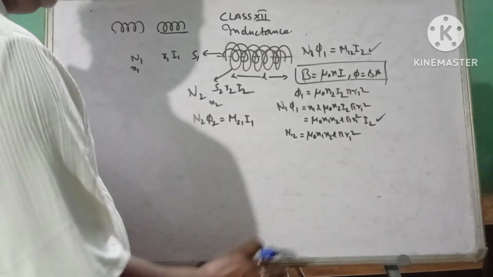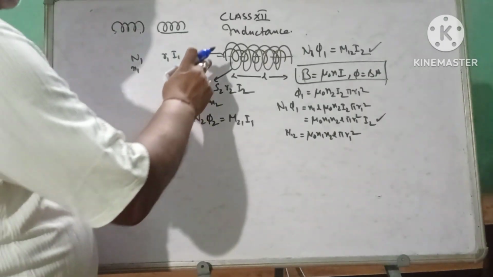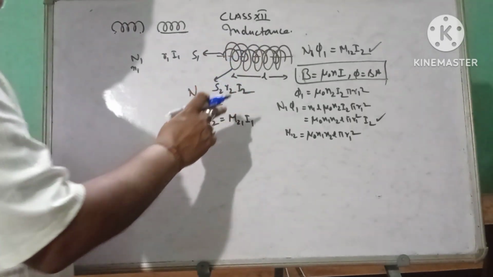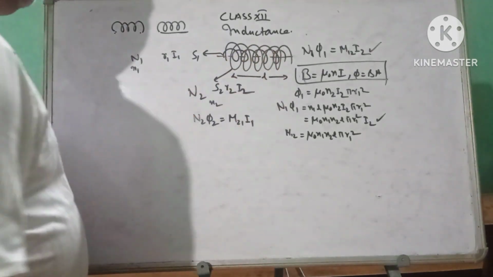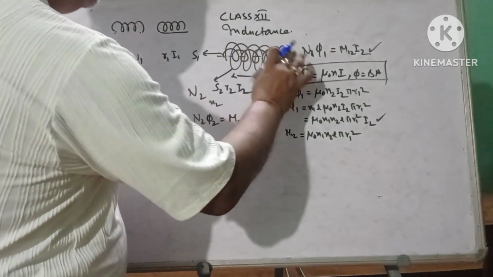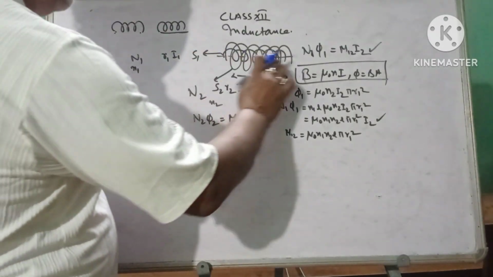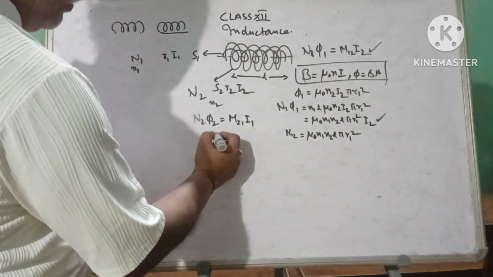But here there is an interesting fact: since the current is flowing in the smaller coil, your flux will be confined inside the smaller coil.